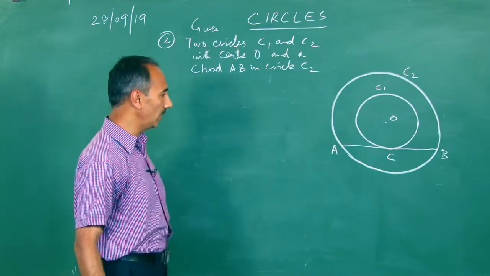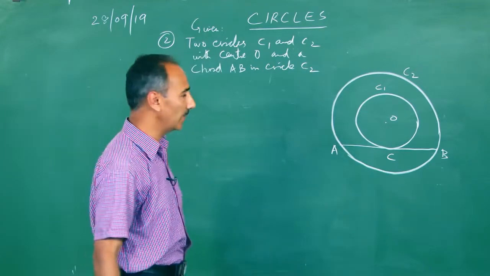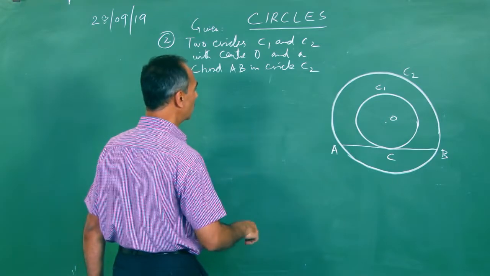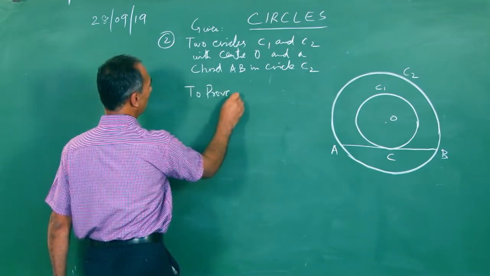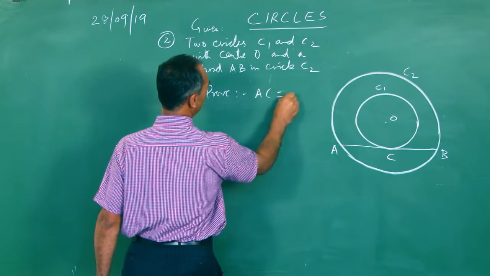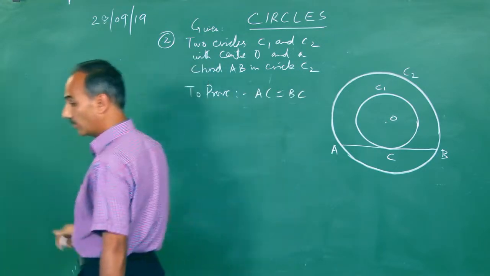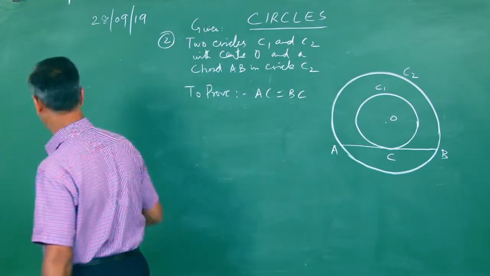This chord AB, as it touches the smaller circle, happens to be the tangent of the smaller circle. What we have to prove? You have to prove that AC is equal to BC.